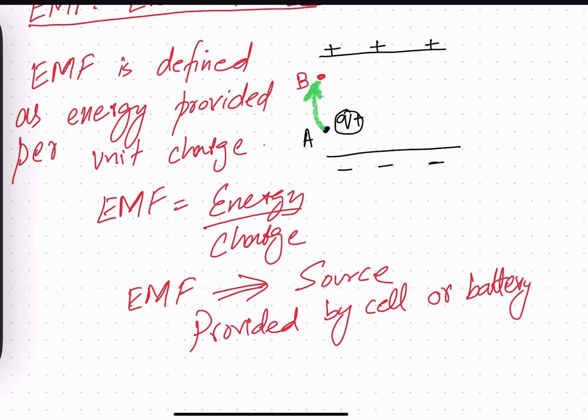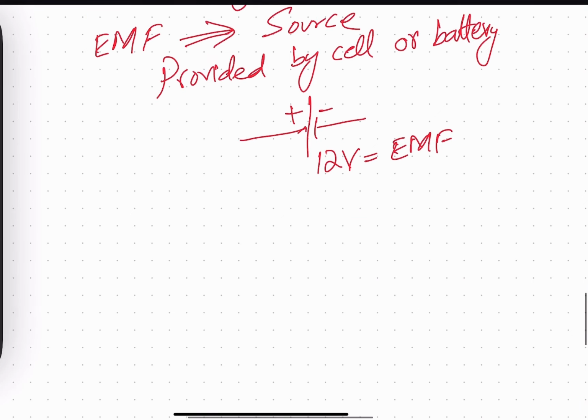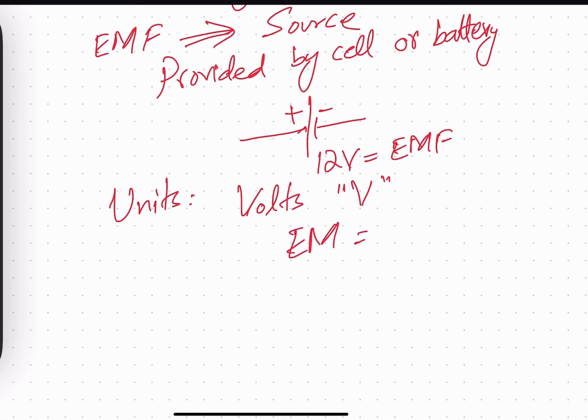battery. Okay, so when you see the sign like this, it is a sign of a cell, plus and minus, and there will be written 12 volt or 20 volt or something. This is basically the EMF of the cell. Okay, so it is measured in units of volts, symbol is V. As we know, EMF is equal to energy divided by charge.